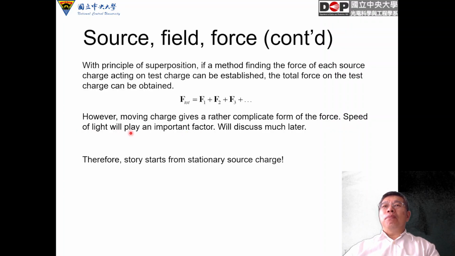The speed of light will play an important factor. This part will be discussed much later, almost at the end of next semester in electromagnetism two. Okay, now, therefore the story starts from stationary source charge. So in this chapter, we only consider stationary charge, meaning the charge doesn't move. That's the electrostatic, the static means that.